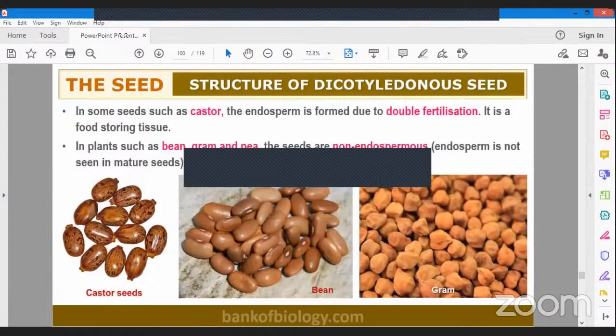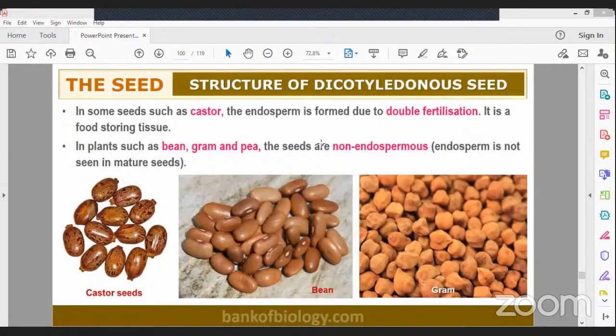Some seeds, such as castor, have endosperm, which is persistent in them, and it is formed due to double fertilization. So they are called endospermic seeds. In some plants such as gram and pea, the seeds are non-endospermous. Endosperm is not seen in the mature seeds. So take it down. Examples are very important.